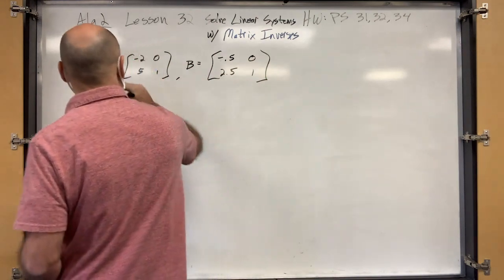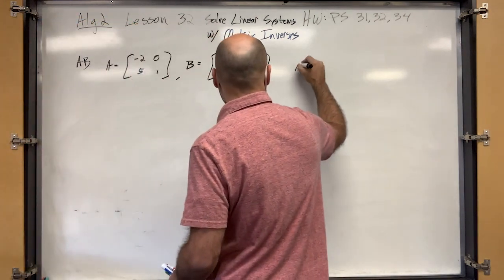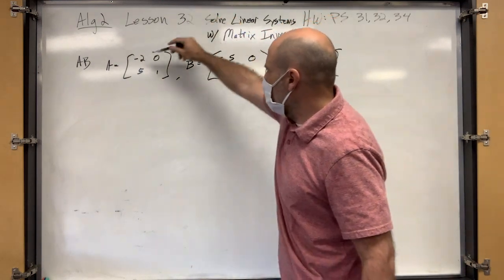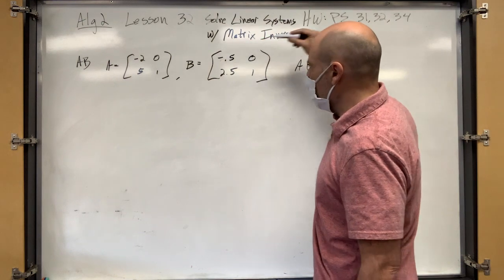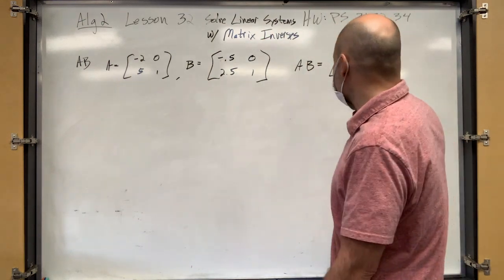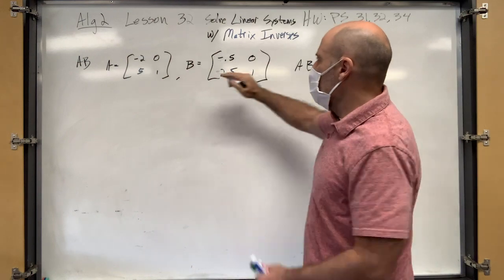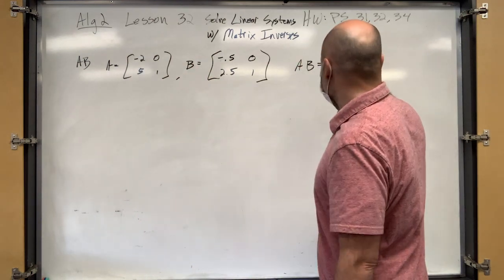If I multiplied this together, AB would be, let's see if we can do this in our head, -2 times -0.5, so that's +1, plus 0 times 2.5, so that's just +1.